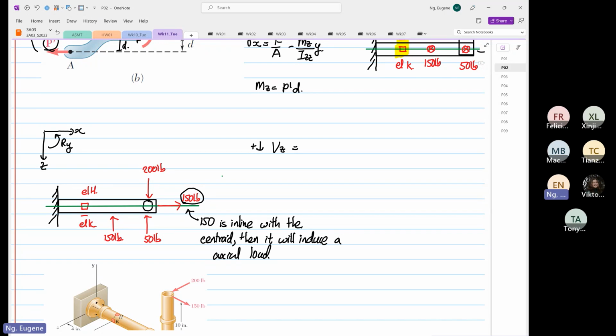Whereas the 150, 50, and the 200 are not in line with the centroid, right? So they are going to induce shearing force.